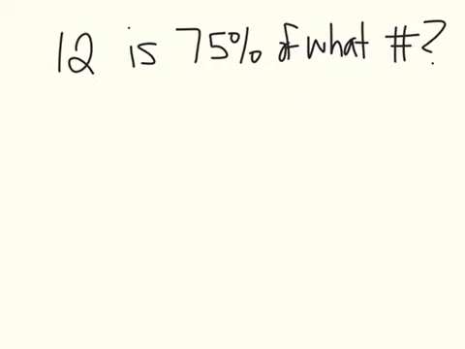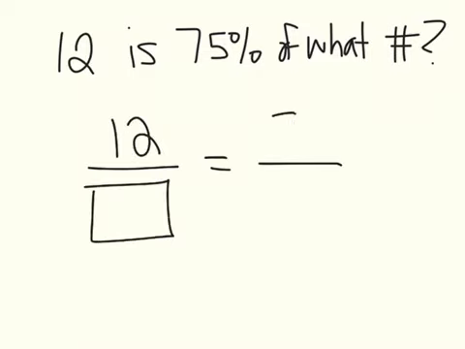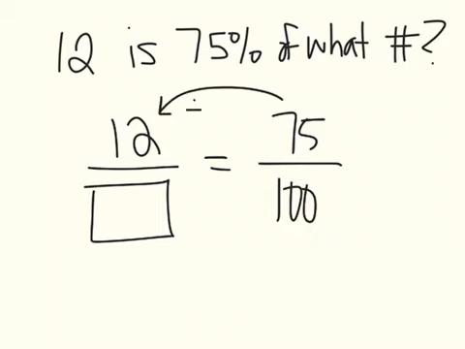We're going to look at one more example together before you try this on your own. Once again, I'm going to set this up. So 12 is my part. I don't know my whole. 75 over 100. So I'm going to look at 75 to 12. I know once again I'm dividing. So on my calculator, I'm typing in 75 divided by 12.